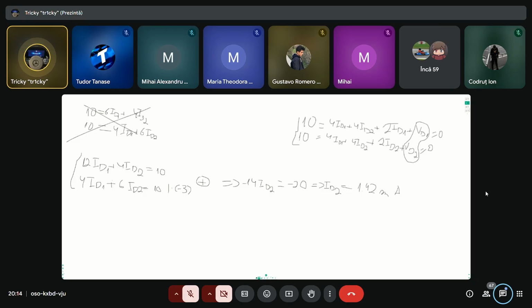So now we can go back and calculate ID1, and we will take the second equation. It has smaller numbers. ID1 is equal to 10 minus 6 times 1.42 divided by 4, and this results in ID1 being 10 minus 8.57 divided by 4.